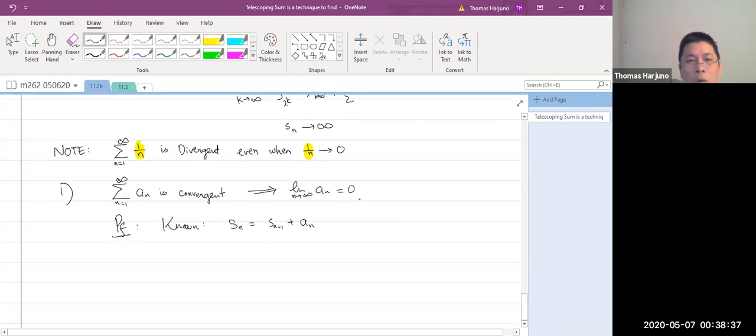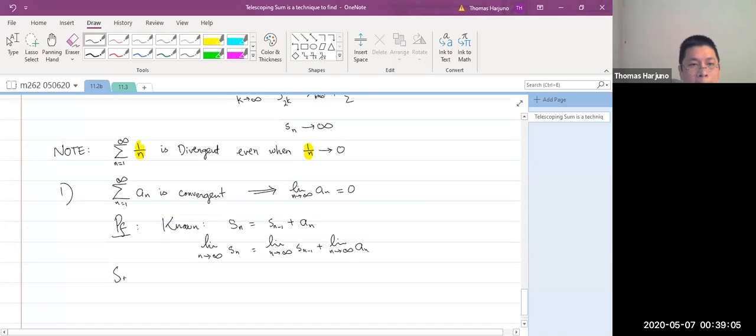We also know that, then when I apply the limit as n goes to infinity of s sub n, the nth partial sum, it will be the limit as n goes to infinity of s sub n minus 1, plus the limit as n goes to infinity of a sub n.